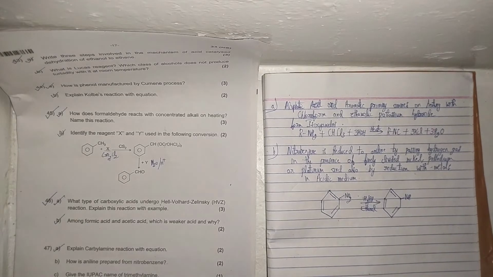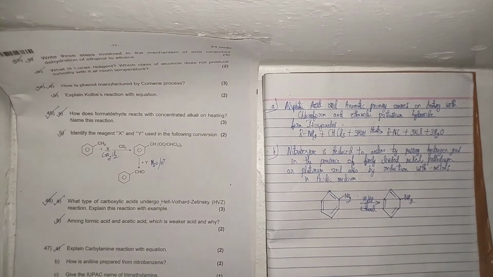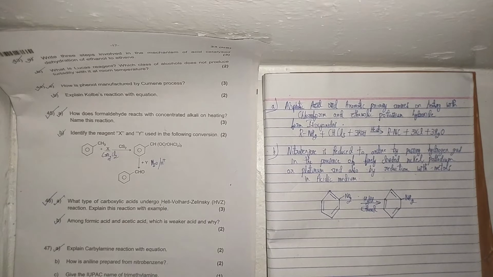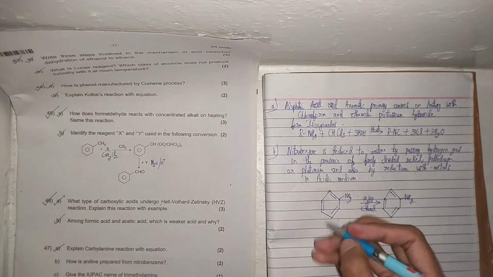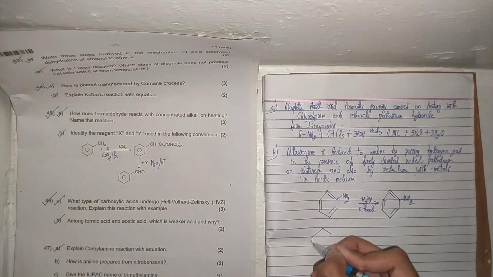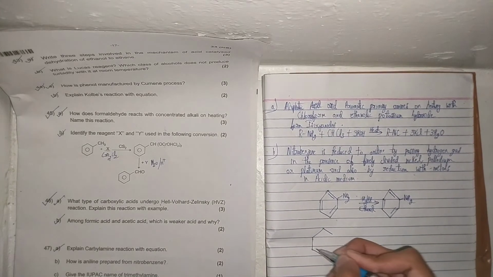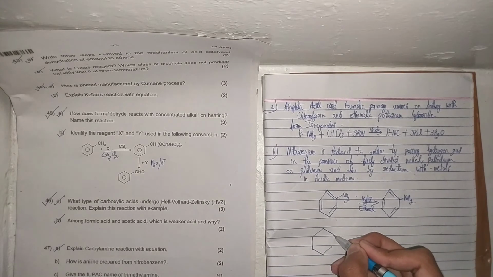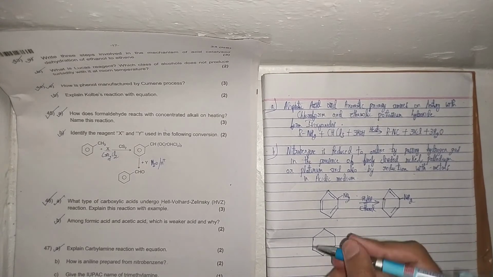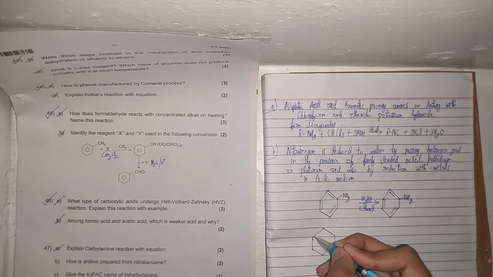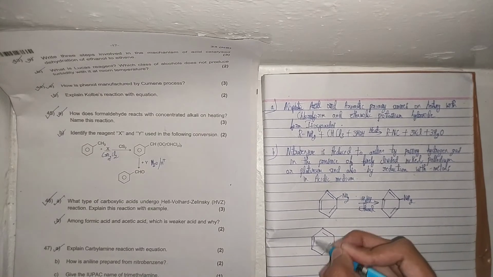NH2. The second one, NO2, should be a straight line.